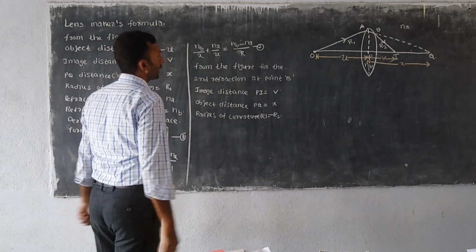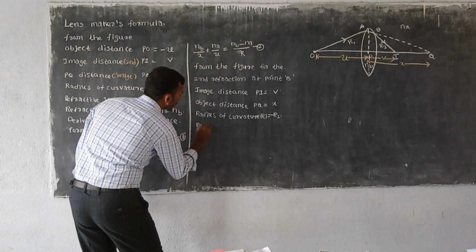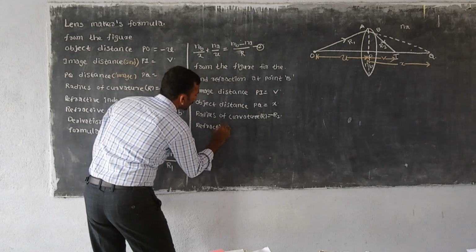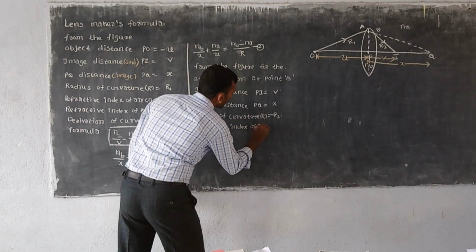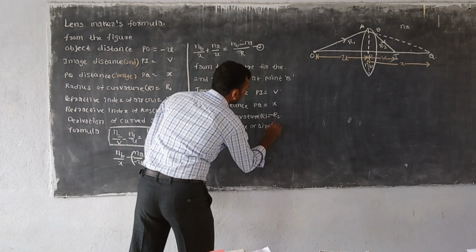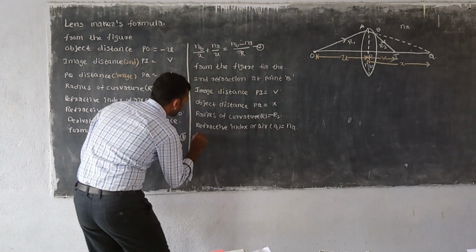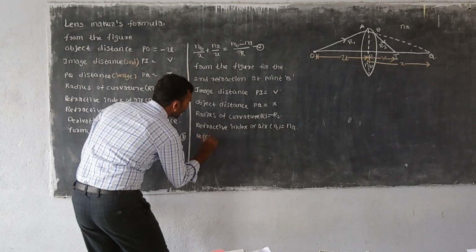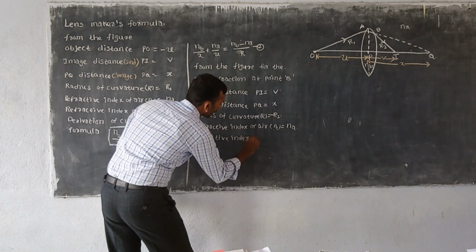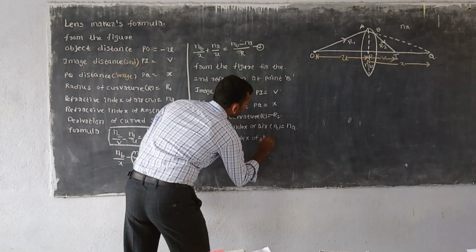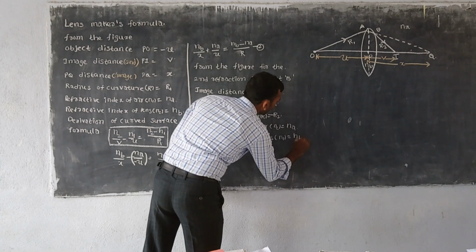So the refractive index of air, N2, is taken as Na, and the refractive index of lens, N1, is taken as NB.